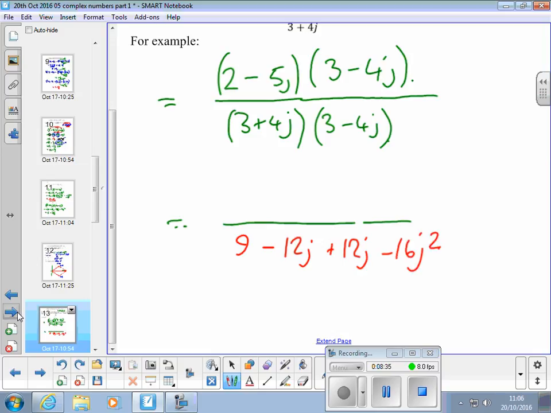These two cancel to disappear, don't they? And that j squared changes the sign of that number, and that number is just the 4 squared. So this becomes plus 16. 9 plus 16 is 25, that bottom line. Everyone happy with that?